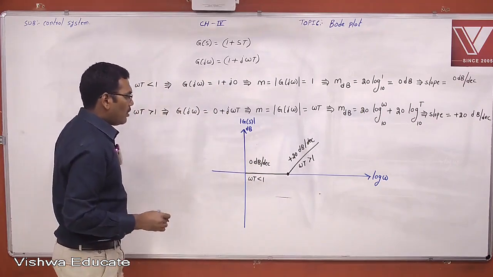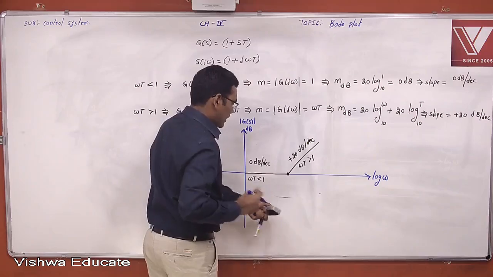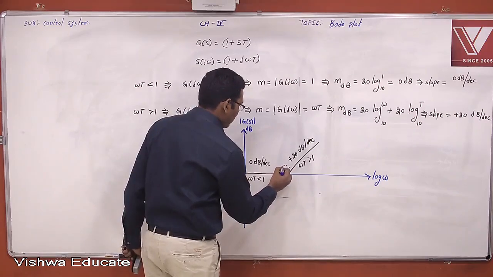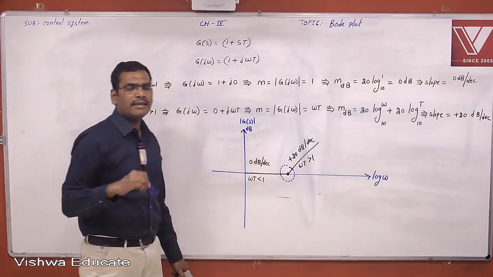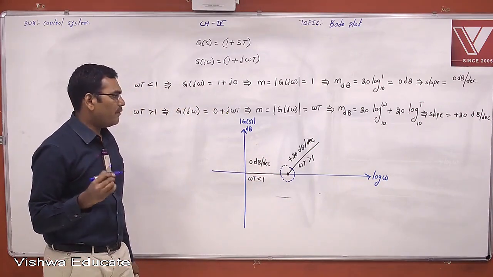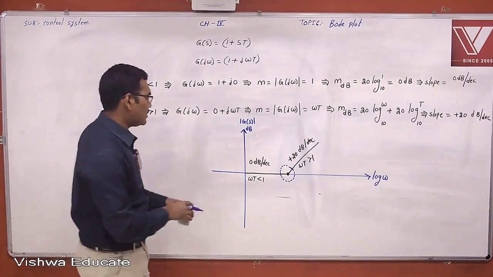Right? Now this is less than and this is greater than. So when omega T is less than 1, 0 dB per decade, when omega T is greater than 1, 20 dB per decade. But what is the transition frequency?